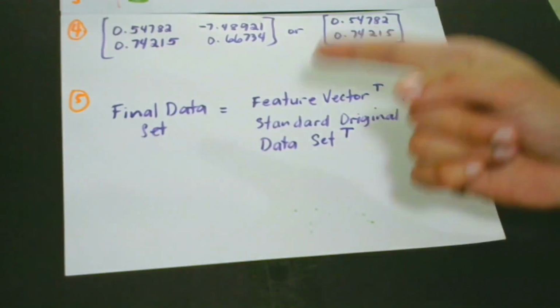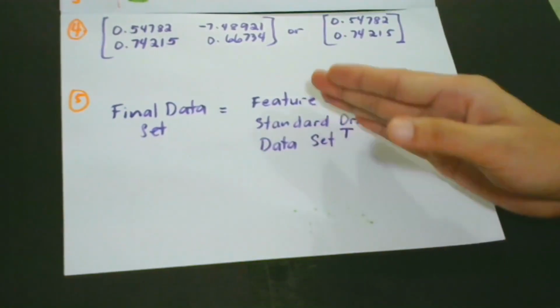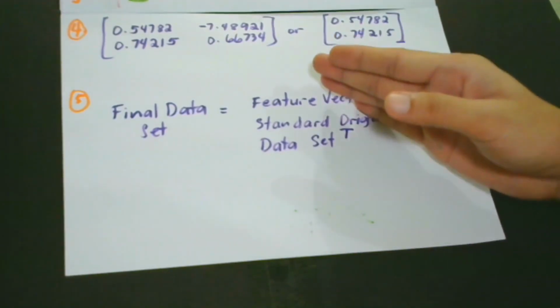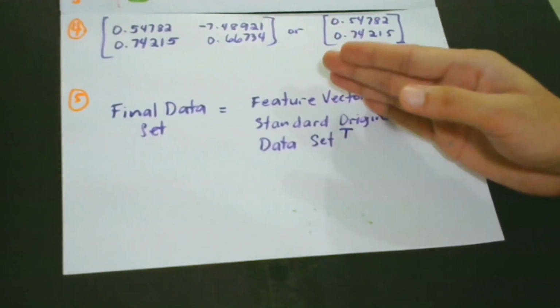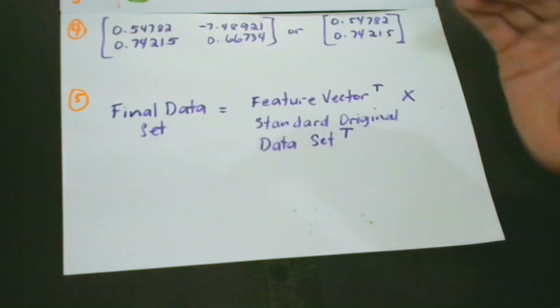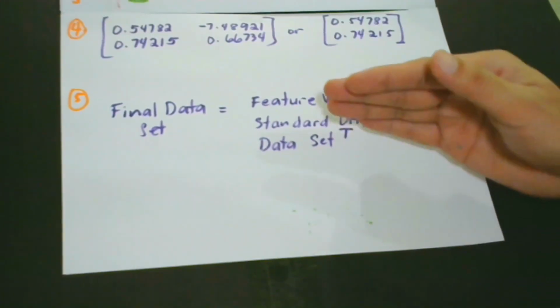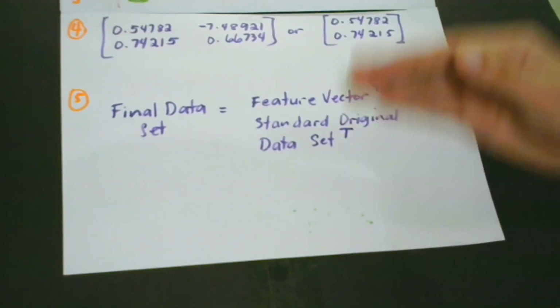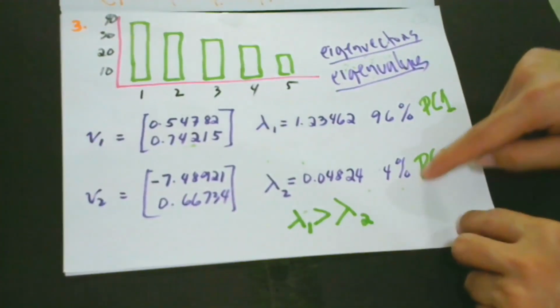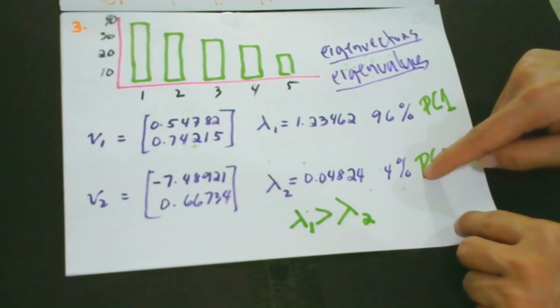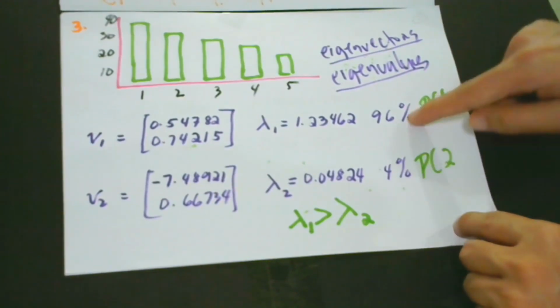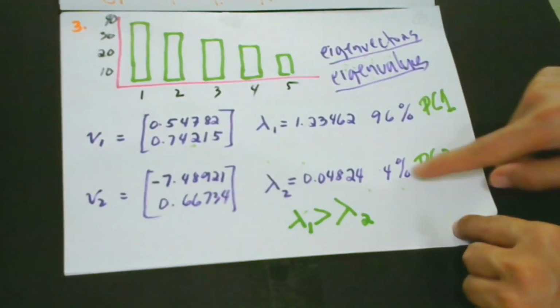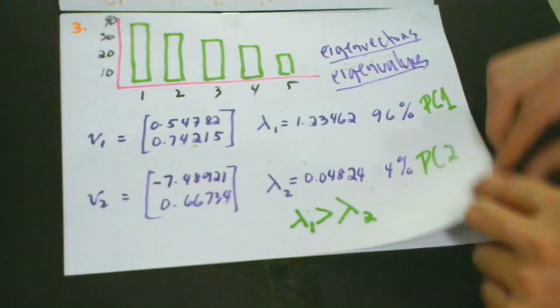So the question now is, is 4% substantial? Does this really affect whatever result we will have if we totally reject 4%? I think it does not. Why? Because 4% is not actually substantial in comparison to 96%. So we can just reject 4%. Okay?